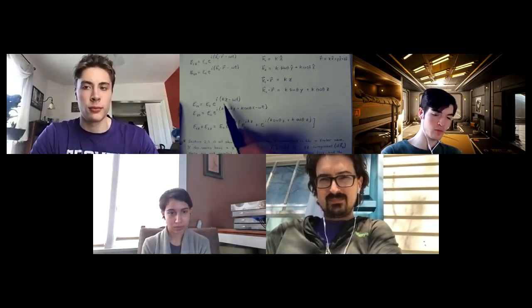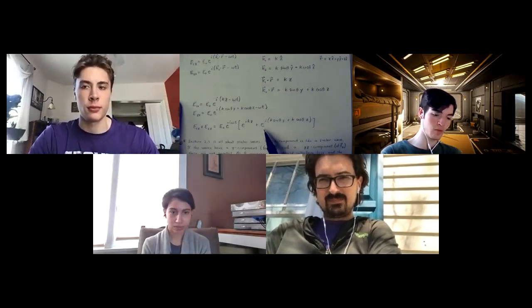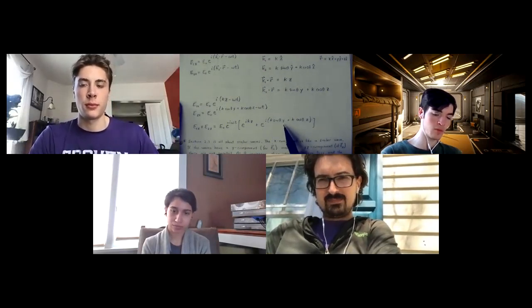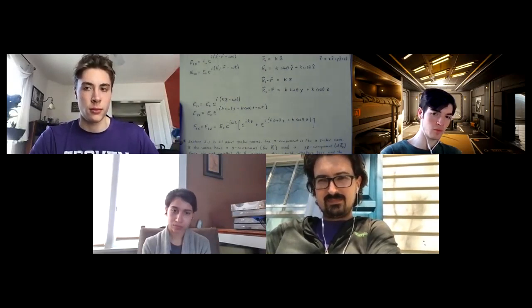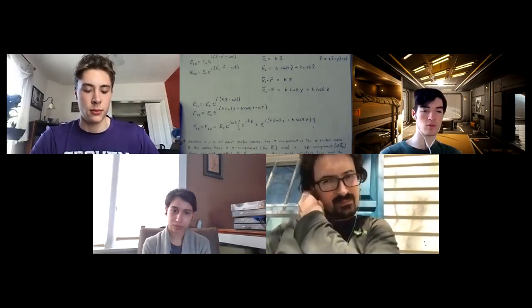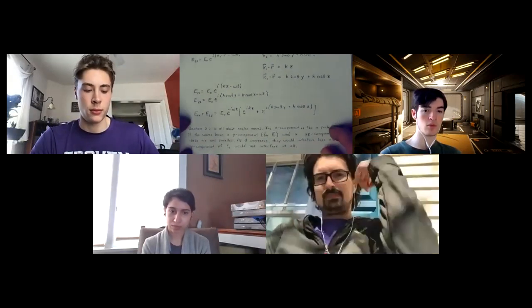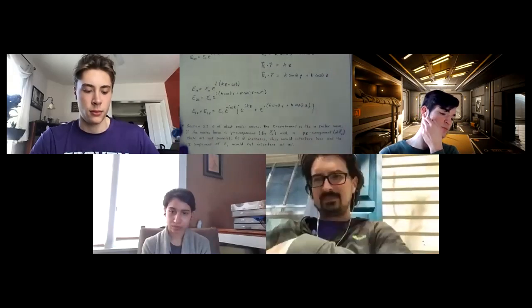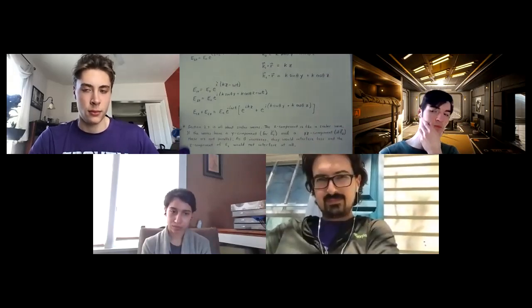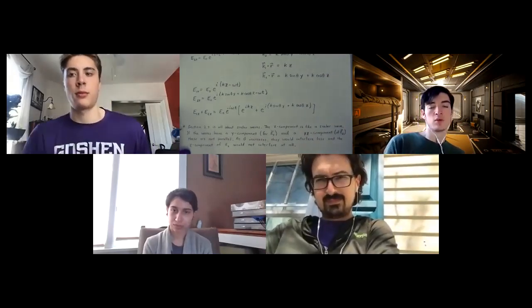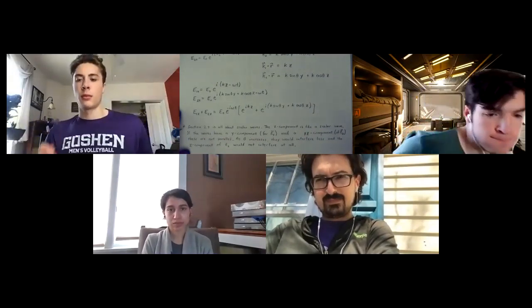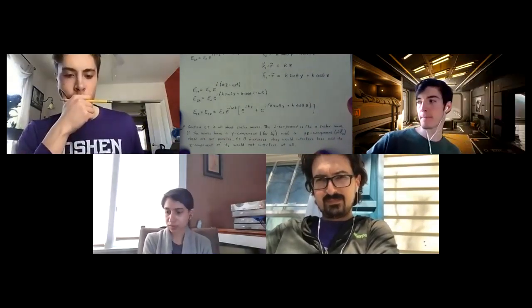And what's left is this e to the i kz plus e to the i k sine theta. Yeah, anyhow, that whole mess. This comment at the bottom is just again restating what I said before about the assumption that the electric field is just in the x direction.